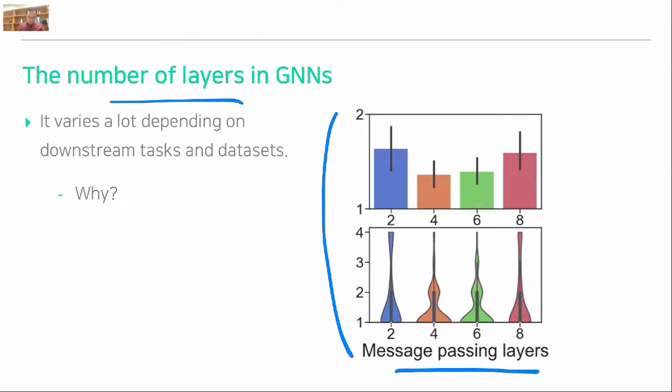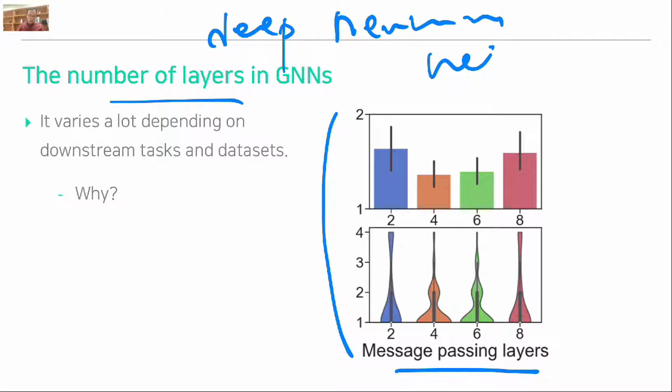In particular, we have believed that deep neural networks work better than shallow neural networks, right?